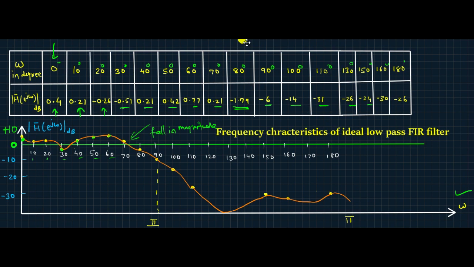It is called the fall in magnitude response. So after 90 degree, we are getting the fall. I have taken approximately minus 6 here. From there it falls, and here it rises somewhat.